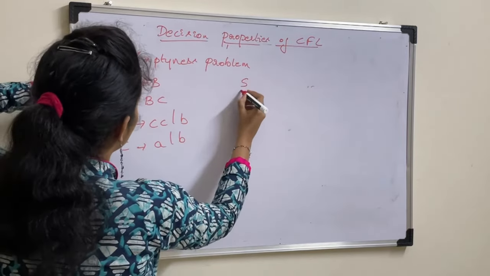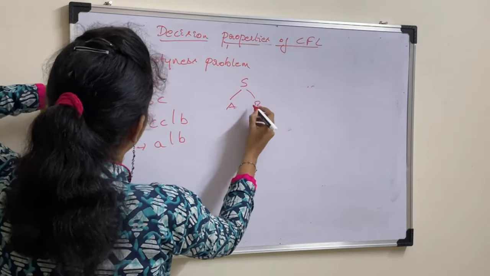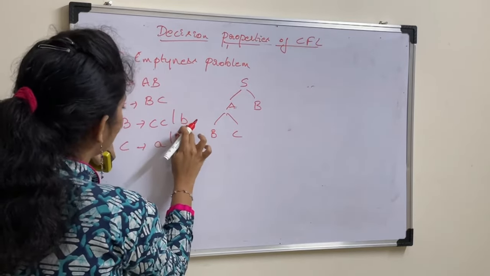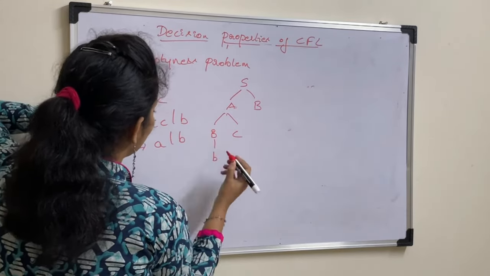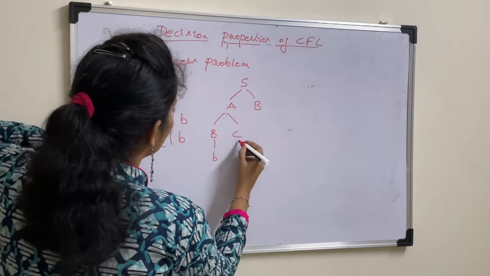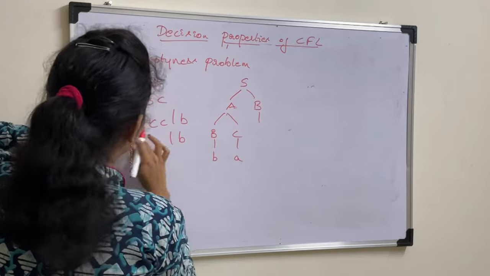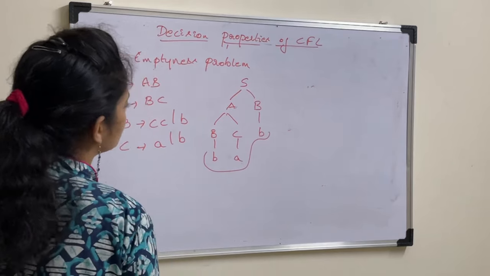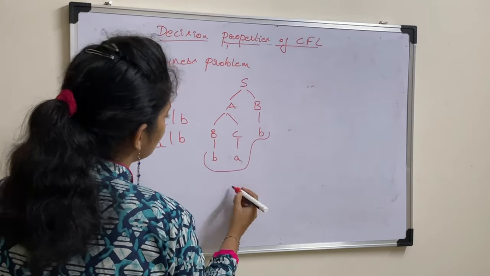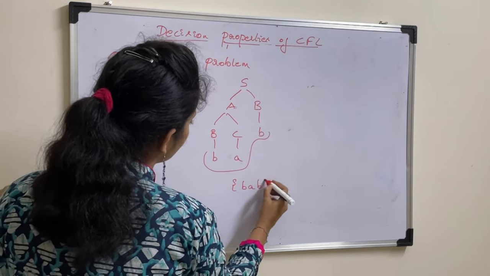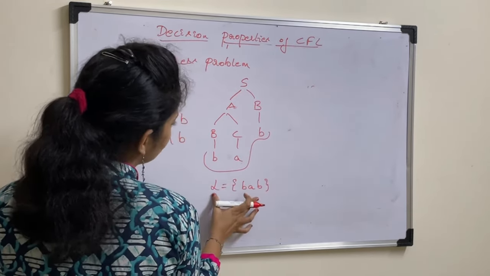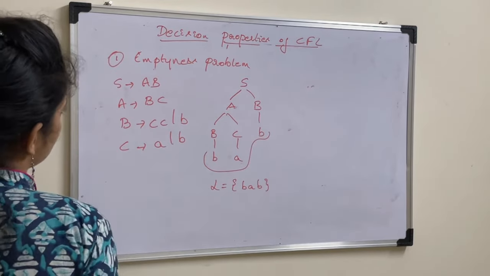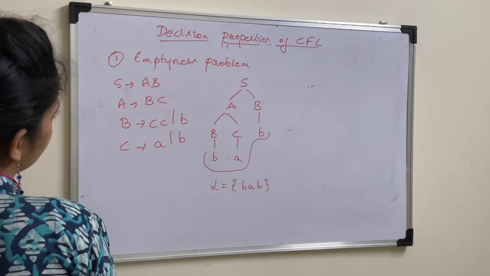Start with S derives AB, A derives BC. This B can be terminated with the terminal symbol b, whereas C contains terminal symbol a. Here B is generating b. So we can generate a string of terminals here. What is the string generated? bab. So the language is not empty now. This is the example for a non-empty grammar.